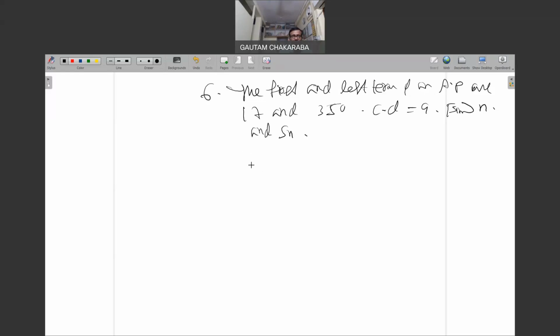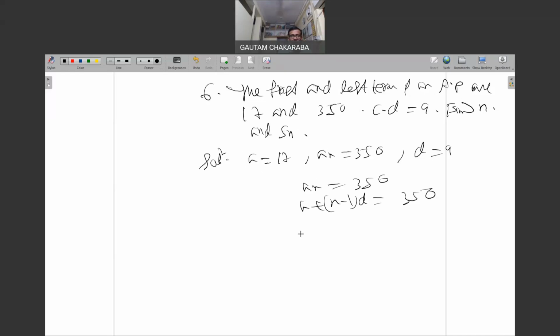First term and last term, common difference. So the nth term is 350: a plus n minus 1 into d is 350, right? a is also 17, 350 minus 1 into d, and d is 9. All are given.